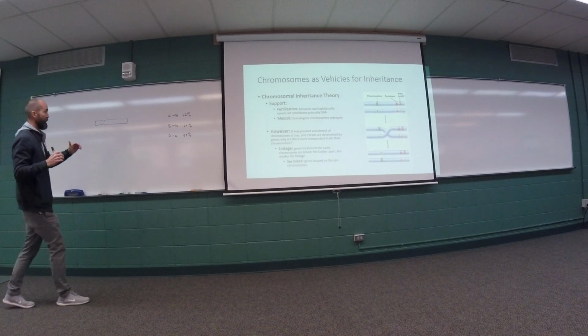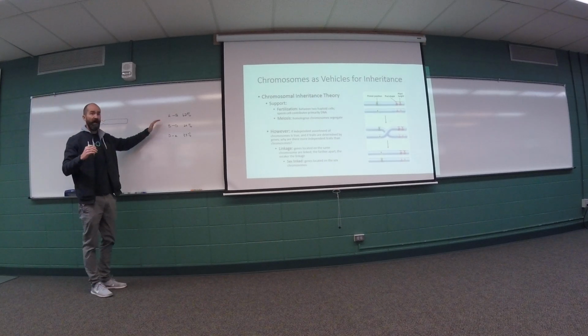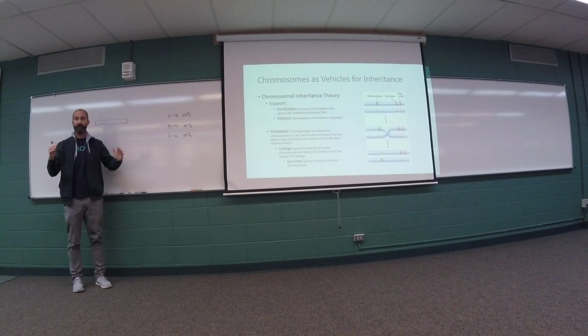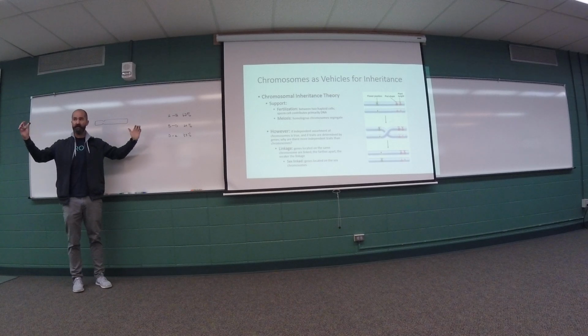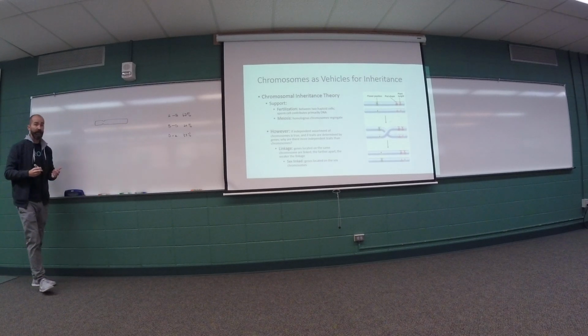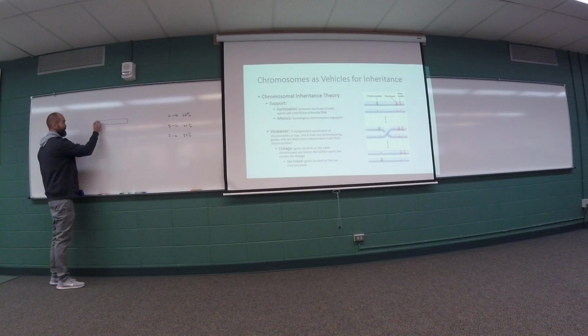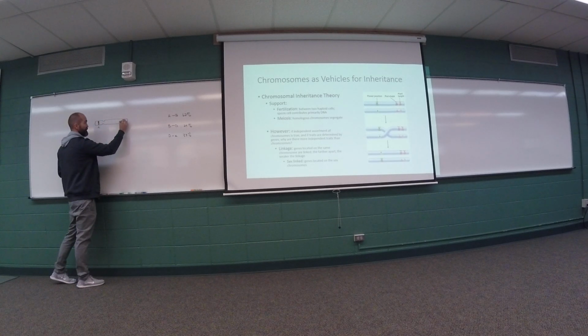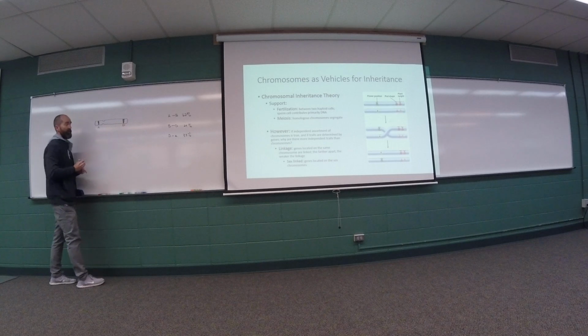A and B, right? Because they have the highest rate of recombination. Again, if it's a random process, rates of recombination should increase as two genes are separated from each other. So what we can say is, maybe A is located somewhere over here, and D is located somewhere over here.